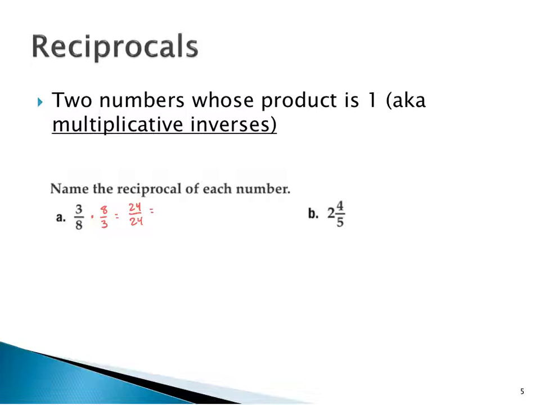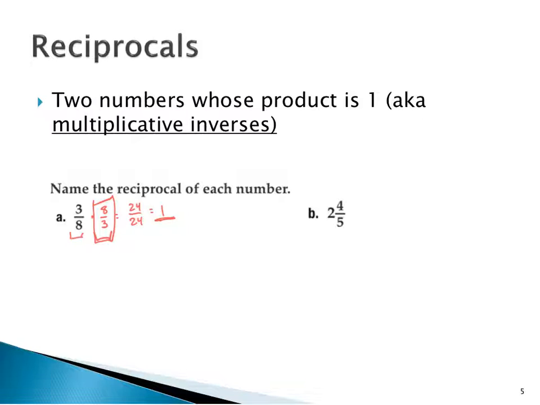And then when you simplify, that equals a 1. So here you have two numbers that when multiplied together give you 1. These two numbers are reciprocals, which means the answer to this question is 8 over 3. This is my reciprocal for 3 over 8.